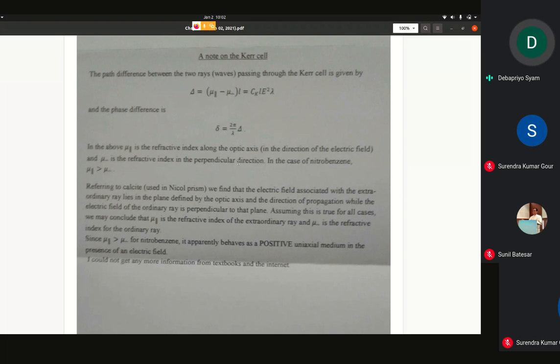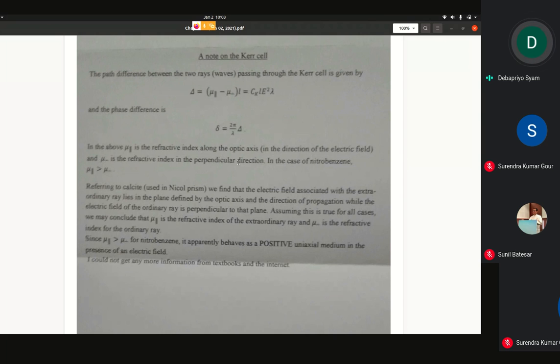This very large voltage, in the range of 10 to 20 kilovolts, is pretty dangerous. You have to take all kinds of precautions and put in insulators around the Kerr cell and so on, so that the person who is using this device does not get an electric shock, which can be fatal because the voltage difference is 20 kilovolts or something like that. So that is one of the problems with the Kerr cell.